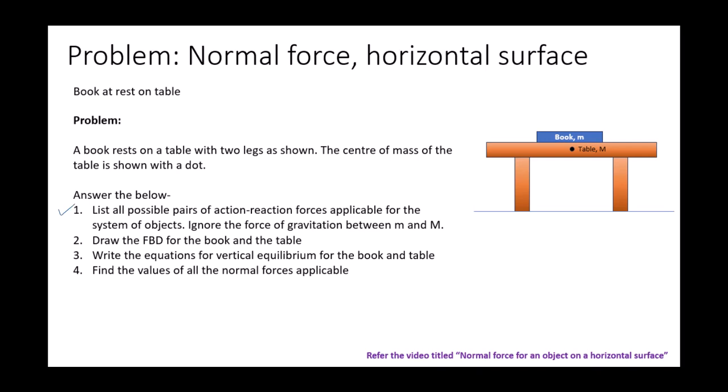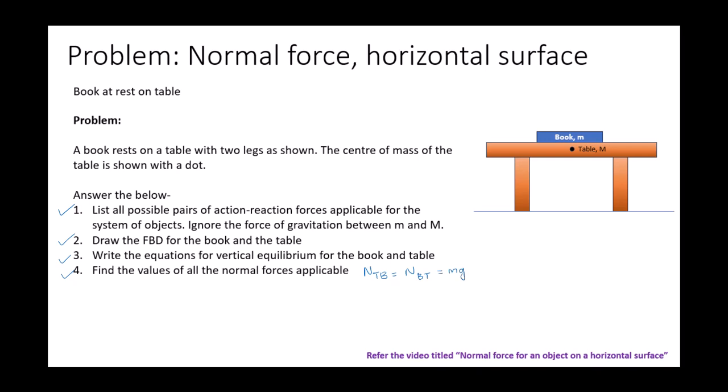They included normal and also gravitational forces. Then we have also drawn the free body diagram. We have also written the equations for the vertical equilibrium for the book and the table. And lastly, we have also derived the values for all the normal forces applicable. For part 4, to be clear, the normal force by the table on the book will be equal to the normal force by the book on the table, and that will be equal to mg.